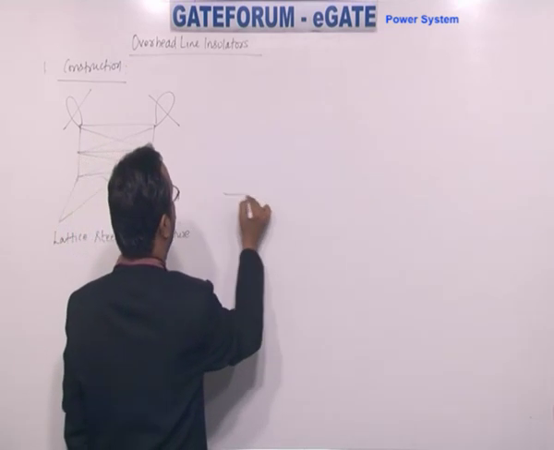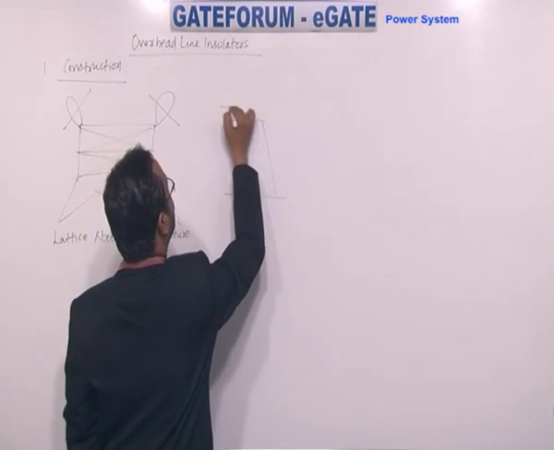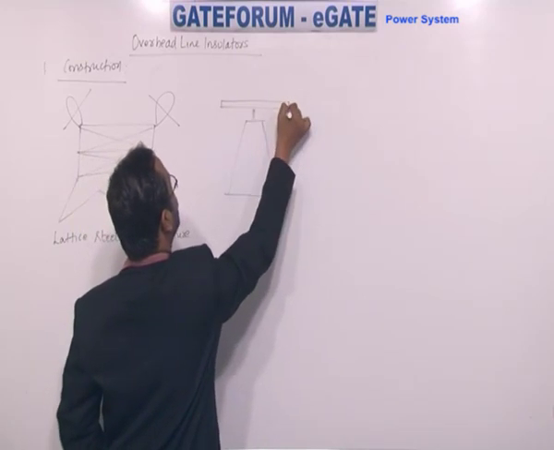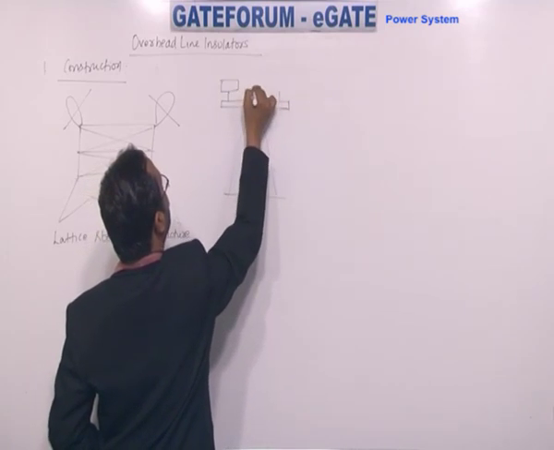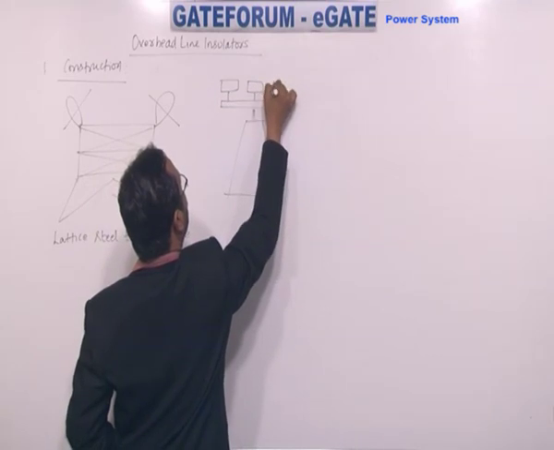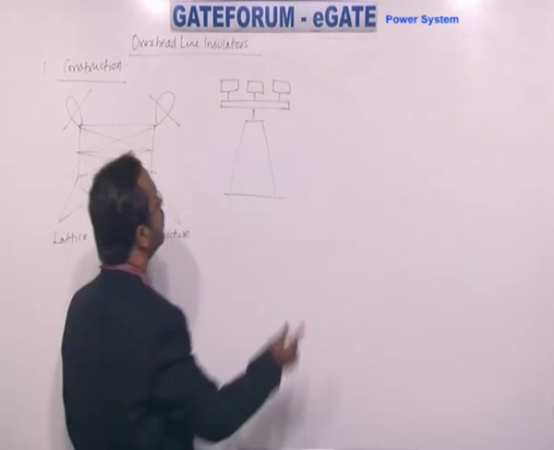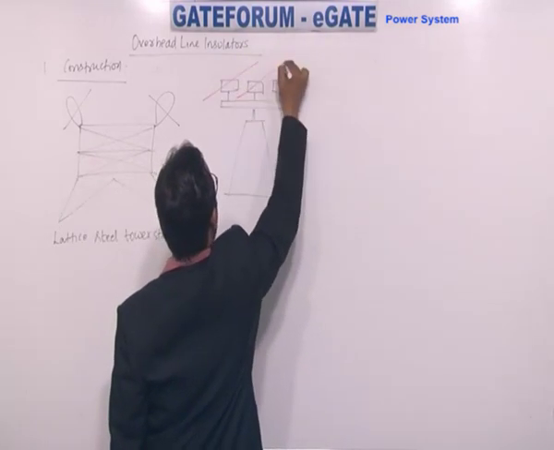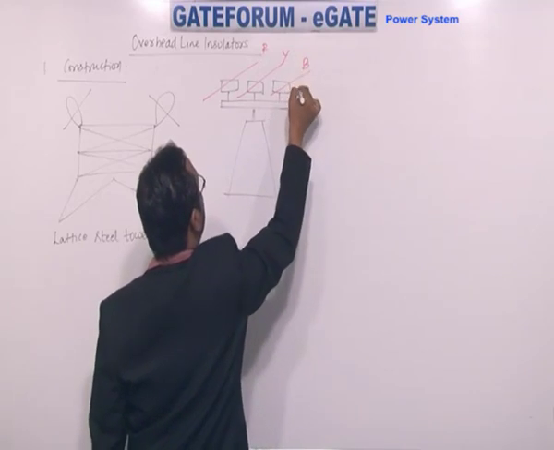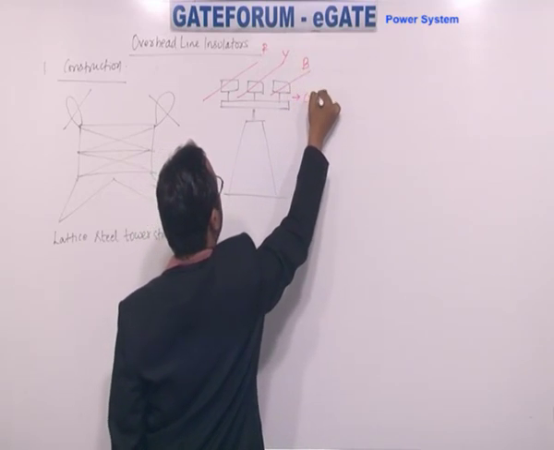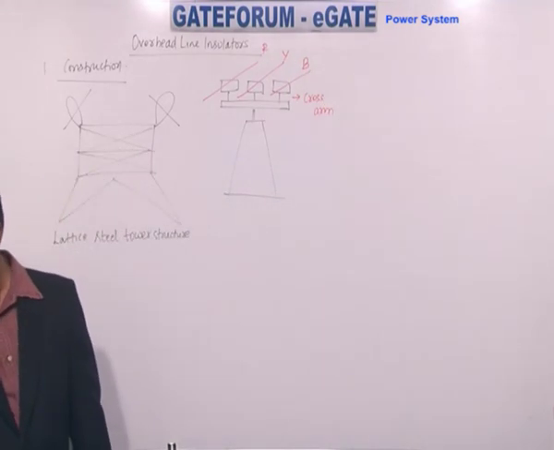And the other structure you have like this, where you come across R, Y, B. And here you come across the cross arm. Now what is the function of the cross arm?